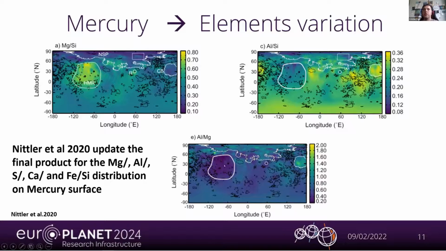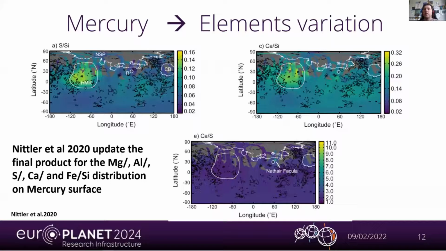The high magnesium region can be separated thanks to the high values of magnesium and low values of aluminum, as well as the Caloris basin can be separated thanks to the higher values of aluminum and the lower values of magnesium. But you can clearly see that even some other regions that are less studied can be separated, and even within the northern volcanic plains, probably the heterogeneity could be higher than what we know today.